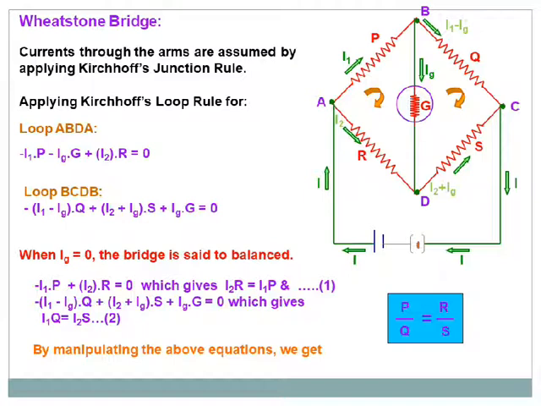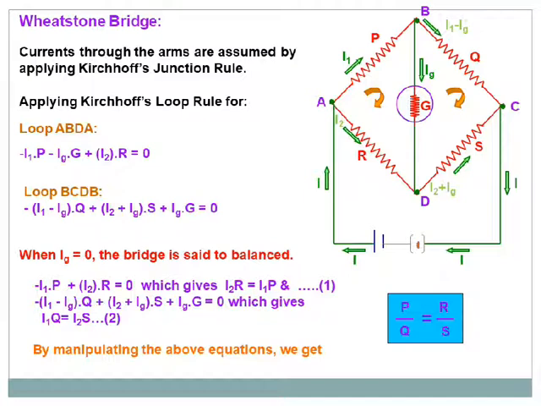In those equations, we put Ig is equal to 0. By putting Ig is equal to 0, you get two equations in terms of P, Q and I1, I2. You can divide both the equations and finally get the equation P by Q divided by R by S.